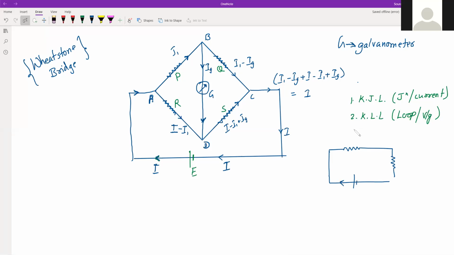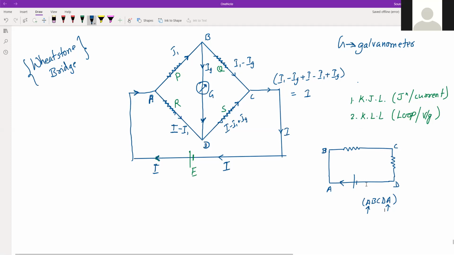Suppose this is a loop. What is a loop? A loop is a closed path. If I start from say A to B to C to D and come back to A, that is a closed path. From where I start, I should come back to that. So if I have to represent a loop, I must write it like this. The starting point and the end point must be the same.